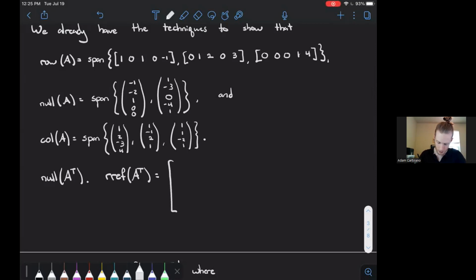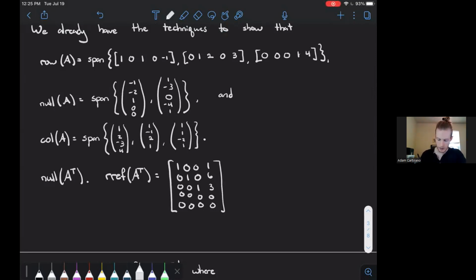Okay: 1 0 0 0 0. Notice this is going to be a 5 by 4 matrix now. 0 1 0 0 0, 0 0 1 0 0, and 1 6 3 0 0.